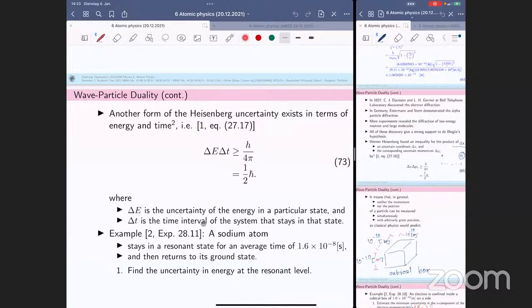It depends on what you will apply it to. It's valid to many cases, many situations. You can use this term in many situations.